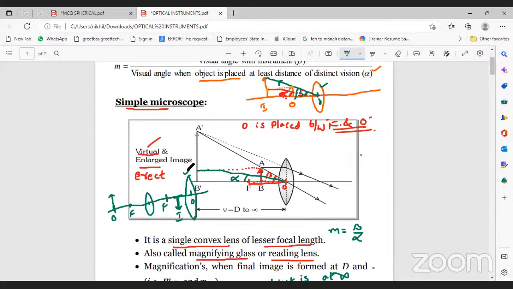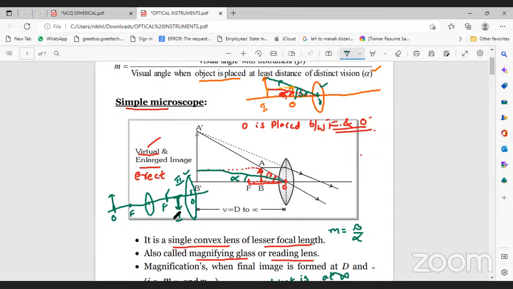I am placing the second lens in such a way that the image formed by the first lens must occupy the position between F and O of the second lens. You got my point?